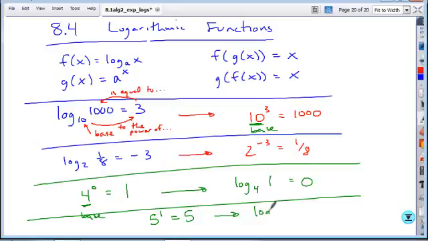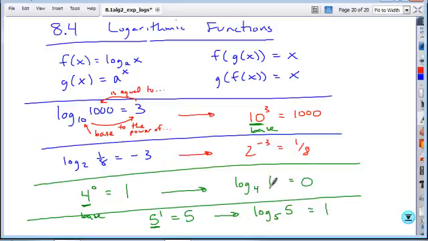When you set it up, it's log to the base of 5. That's the base of our exponent. Whatever our power is, we set the log equal to, so we set it equal to 1, and then whatever our exponent's equal to is included inside of our log, so we get 5. Now, does this make sense? 5 to the first is equal to 5. Yeah, so it's consistent in that respect as well.